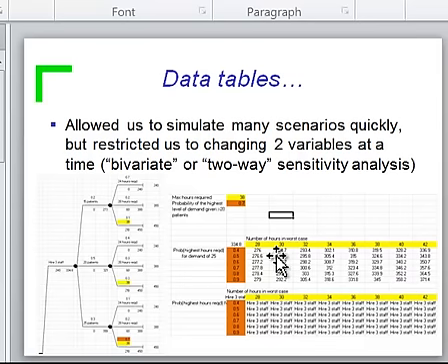So what we're doing in data tables is using Excel to help us easily simulate 48 different scenarios. So this is what if analysis. We're simulating 48 different scenarios. We're plugging into the model, essentially using Excel and data tables, 48 combinations of the values of these 2 input parameters. What Excel does when we create a data table is essentially plug in the value in the column and the row, and obtain the expected cost in the top table and the optimal decision alternative, to hire 3 or 4 employees, in the bottom table.